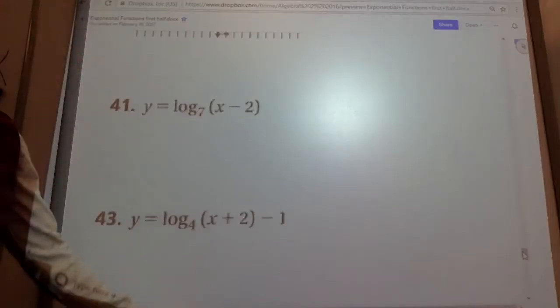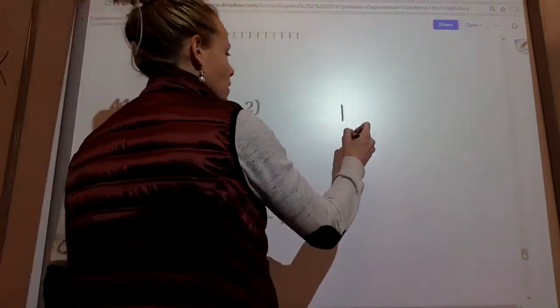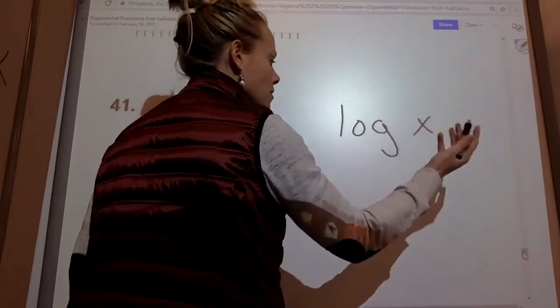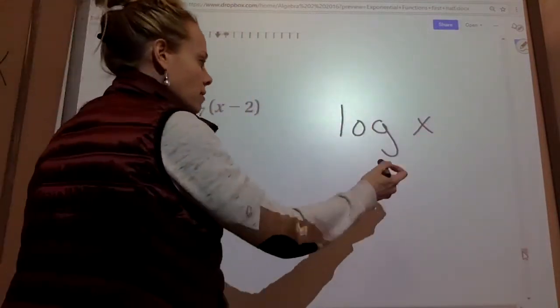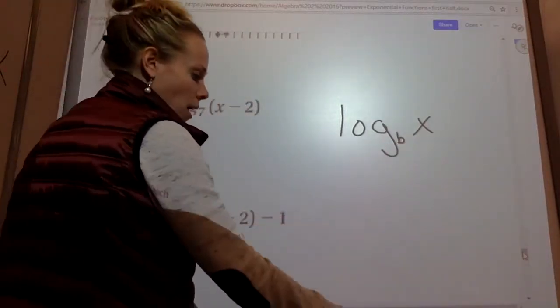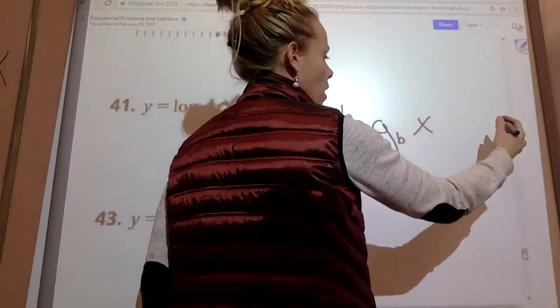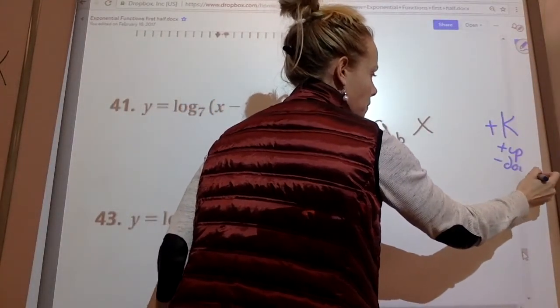So just like exponential functions, we can take logarithmic functions, move them left and right, up and down, stretch and compress. So if I start with a log of x, right, and we'll say any base, doesn't matter, any number can be there. When I'm adding or subtracting to the whole log, that is going to be my up or down.